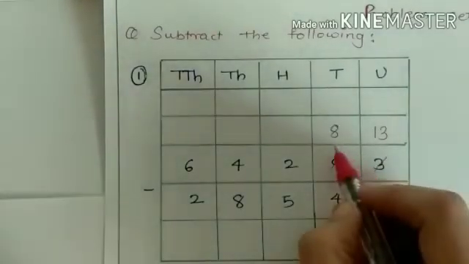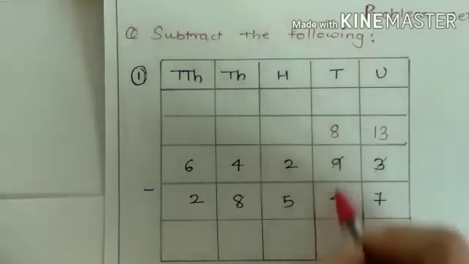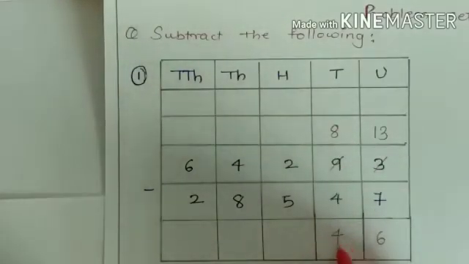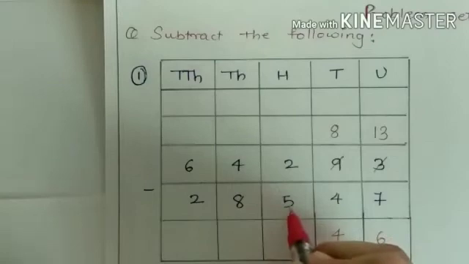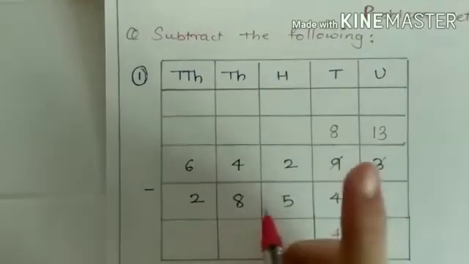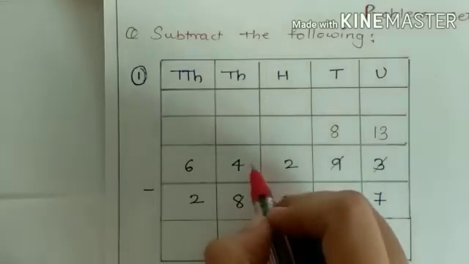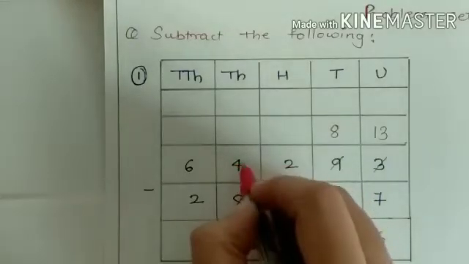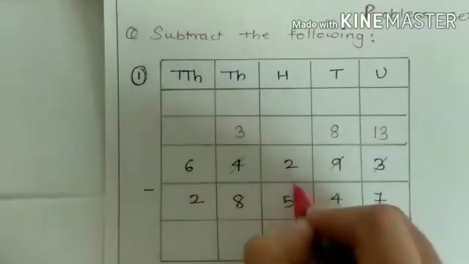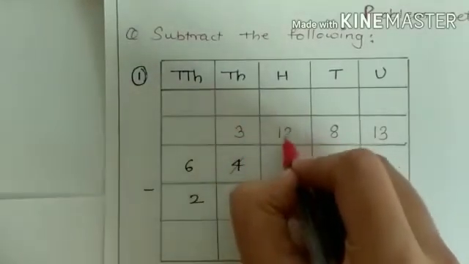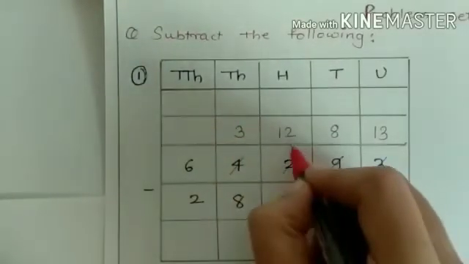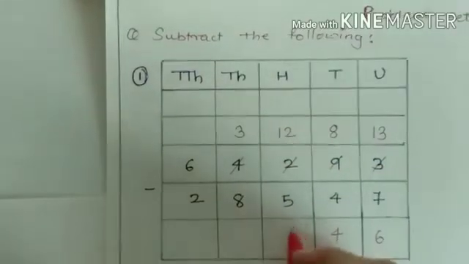Now in the tens place, 8 minus 4, we get the answer 4. Now in the hundreds place, 2 minus 5, 2 is less than 5, so we have to borrow from thousands. So students, 4 thousands will become 3 and 2 hundreds become 12. Now we will subtract 5 from 12. We get the answer 7.